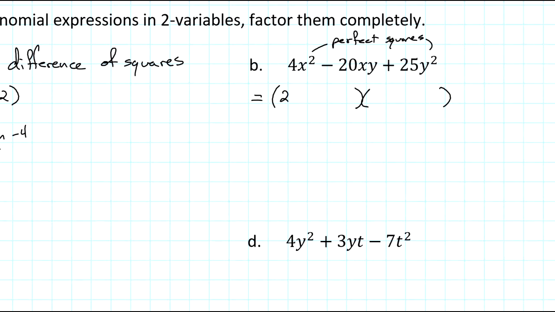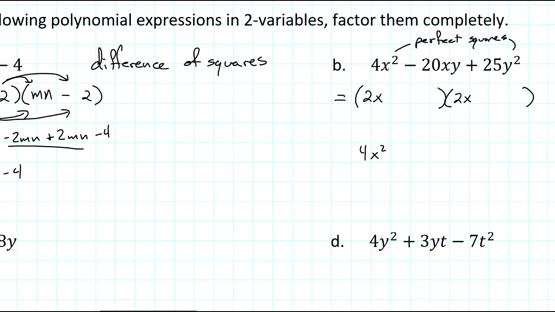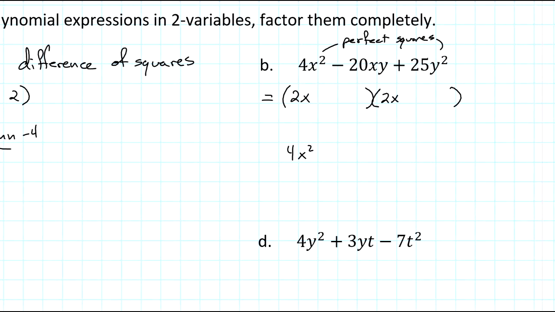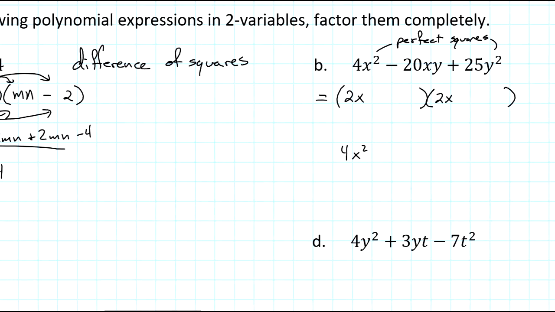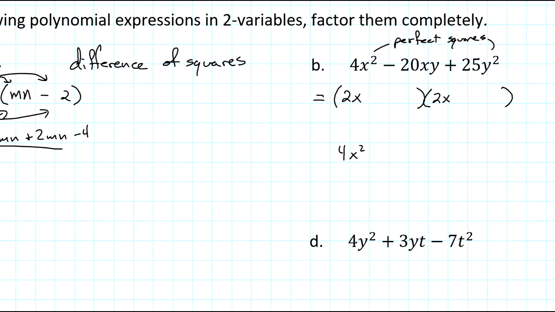I might try 2x and 2x in the first positions, so that these would FOIL to 4x squared. And in the second positions, since we have 25y squared, which is a perfect square, I'm going to pause this. Sorry, one second.